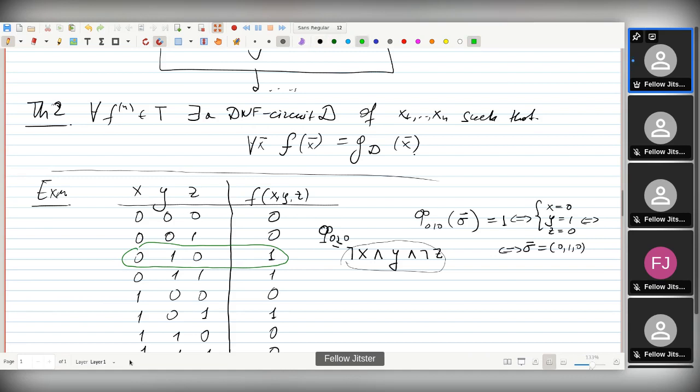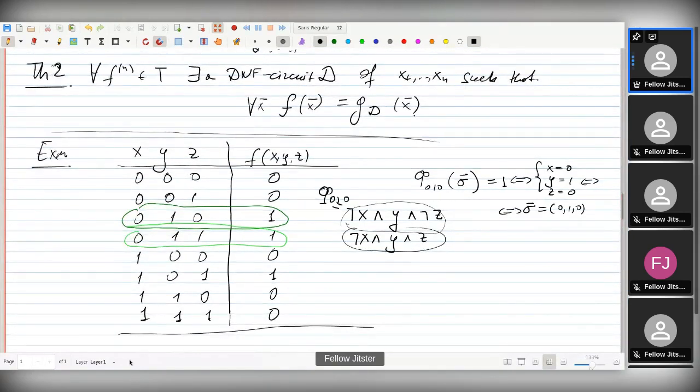And similarly, I can consider all the other unities and construct similar conjunctions for them. Not x and y and z for this one. I have one more unity. And here I will put x and not y and z. Okay.